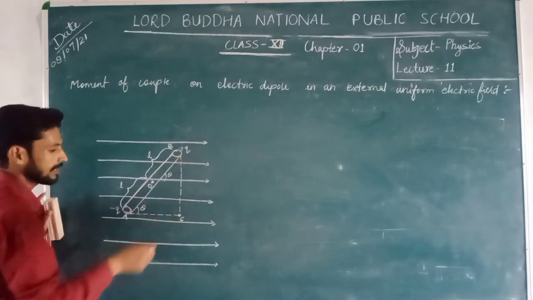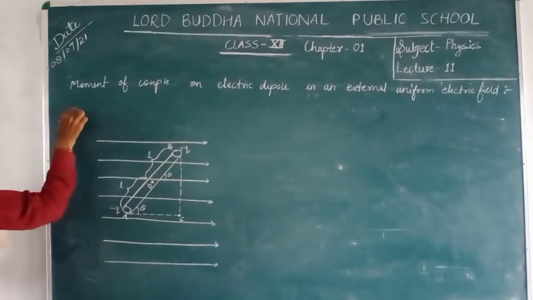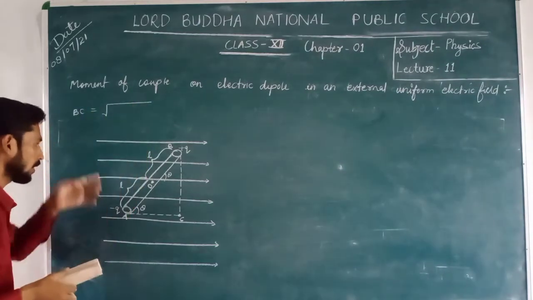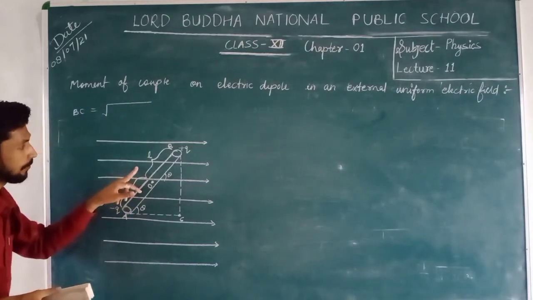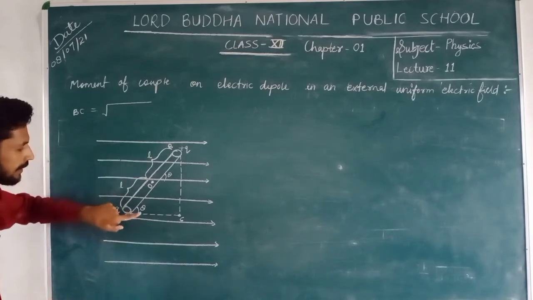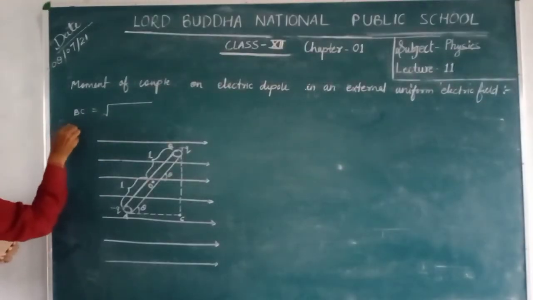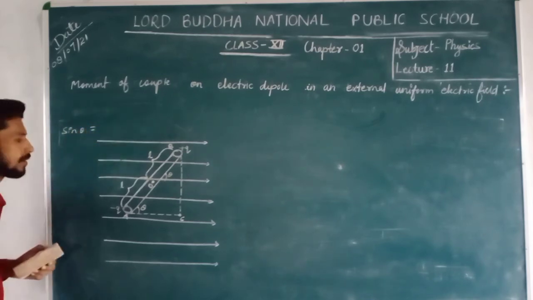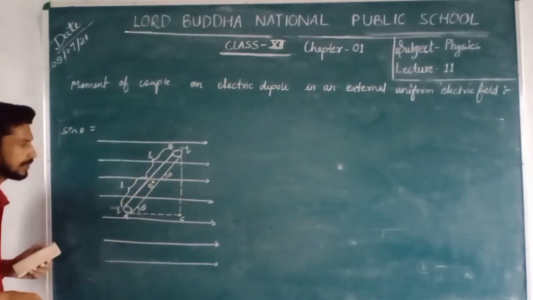How can we find the distance BC? The hypotenuse is 2L, and there will be theta, that is sin theta. Sin theta equals perpendicular upon hypotenuse.